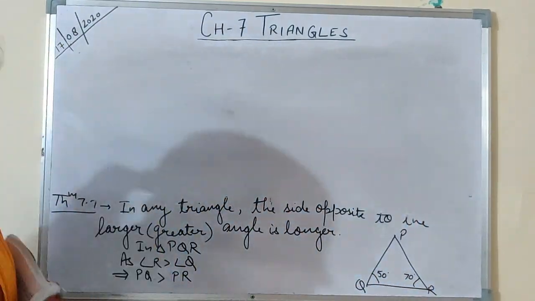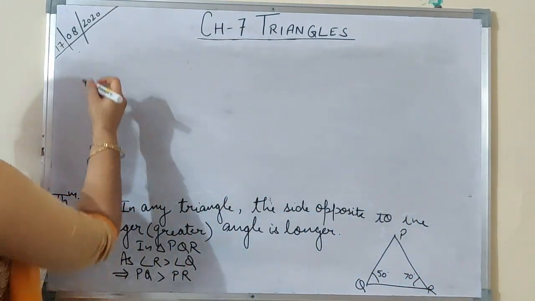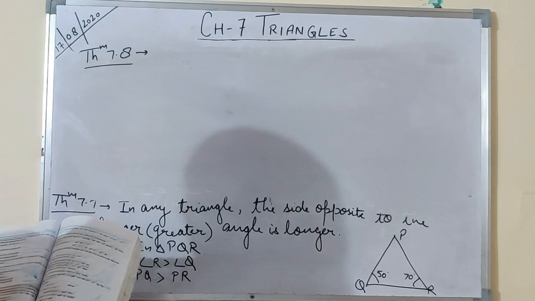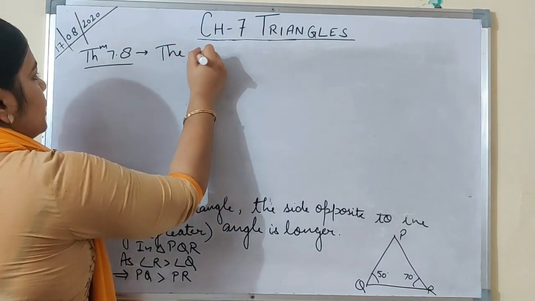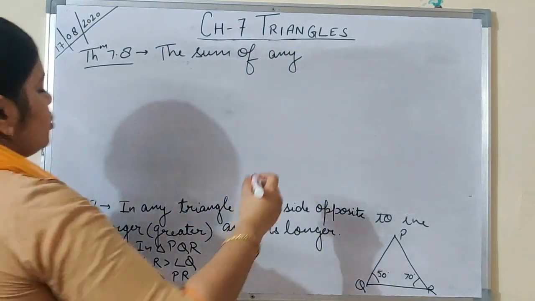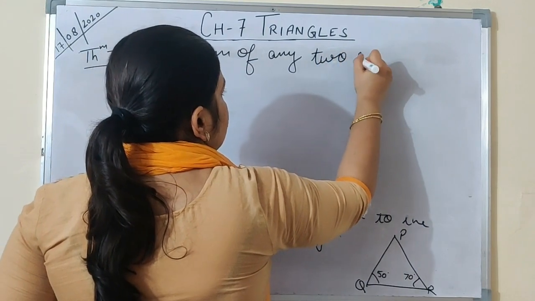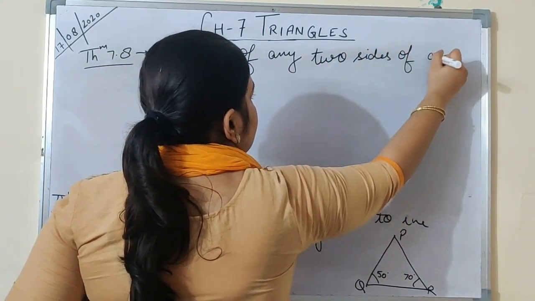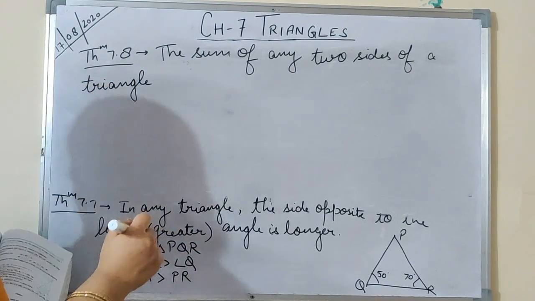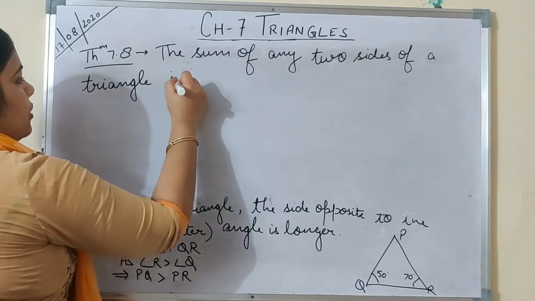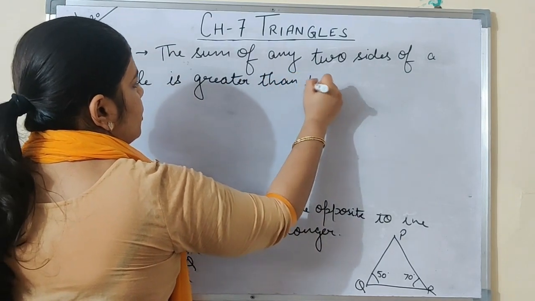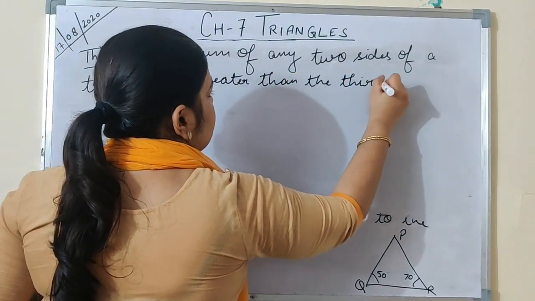This one is again an important one, that is theorem 7.8, that says that the sum of any two sides of a triangle is greater than the third side.